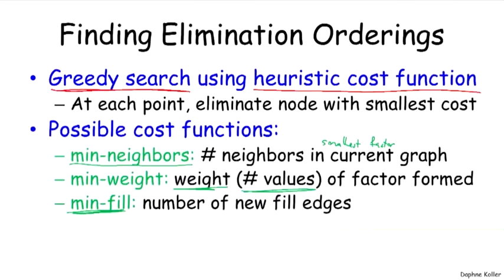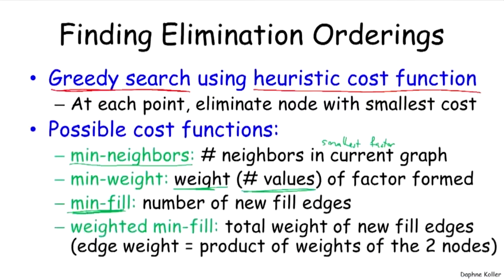So here, basically, I'm counting added complexity above and beyond the complexity that I would have had from the edges that I previously generated. And finally, again, you have a weighted version of the fill heuristic that takes into account not just the number of edges, but also how heavy they are. That is, what's the domain size of the variables that they connect. And it turns out that min-fill, which is actually quite often used in practice, is a pretty good heuristic.